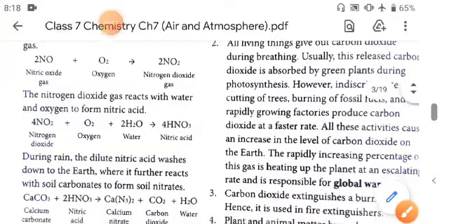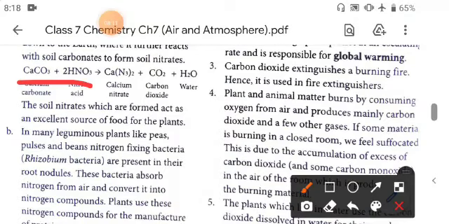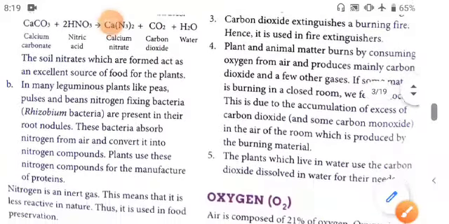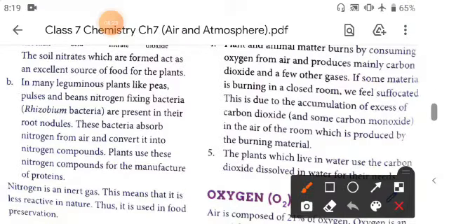So when CaCO3, that is calcium carbonate, reacts with nitric acid, it forms calcium nitrate, carbon dioxide and water. The soil nitrates which are formed act as an excellent source of food for the plants.